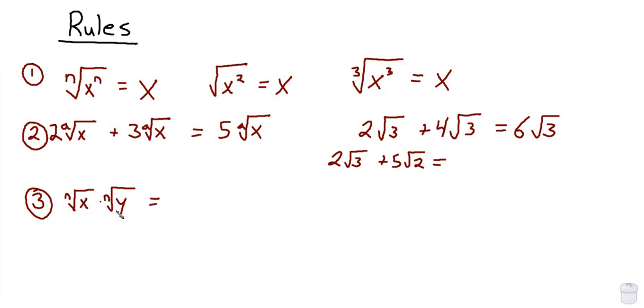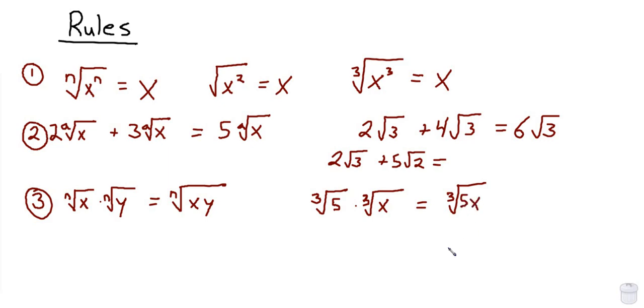Since they're both the same root, I can combine that underneath one nth root: the nth root of x times y. So for example, let's say that we had the third root of 5 times the third root of x, and we could call that the third root of 5x.